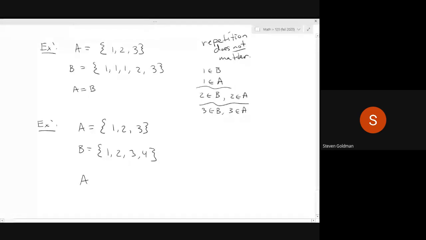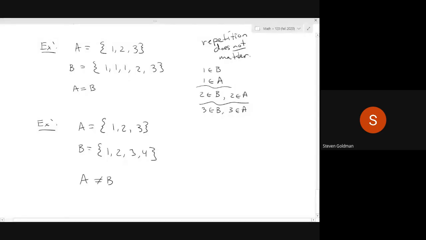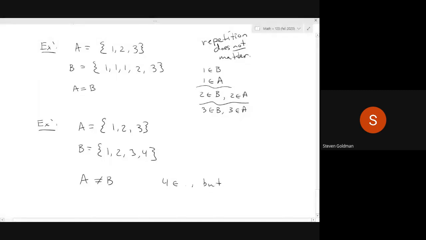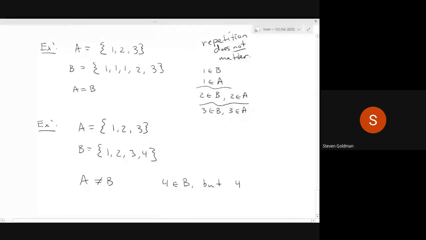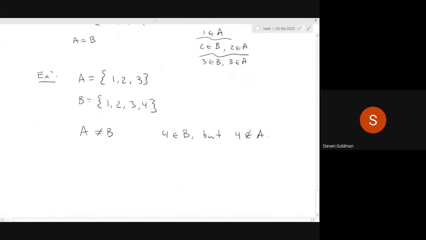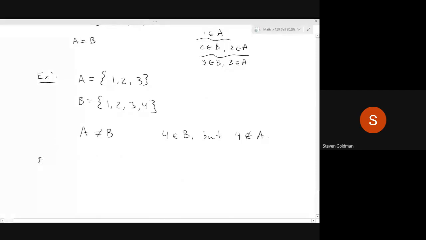Why? Because I have an element in B that's not in A. 4 is in B, but 4 is not in A. So if I can find even one element that's in one set but not in the other, they are not equal. All right. One more example, perhaps.